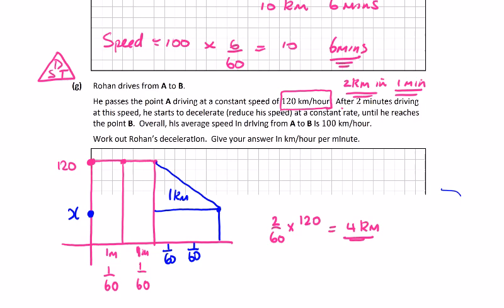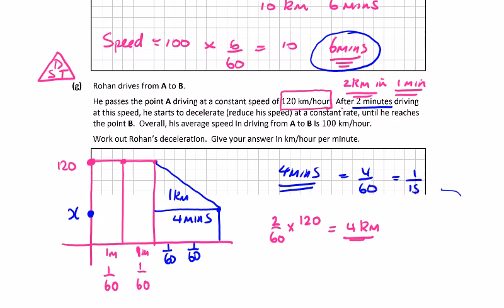And then the time period here, if the speed limit is 100 kilometers an hour, it's 6 minutes in total. He's already gone for 2 minutes here, so there's 4 minutes left. So we have the time here is 4 minutes, 4 over 60, which is equal to 1 over 15. So half the base, which is 1 over 15, with a perpendicular height, which is this.